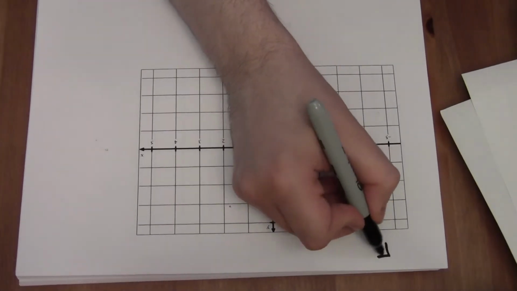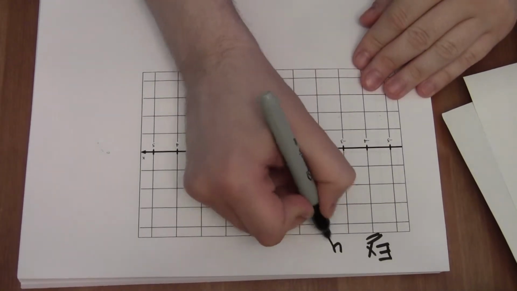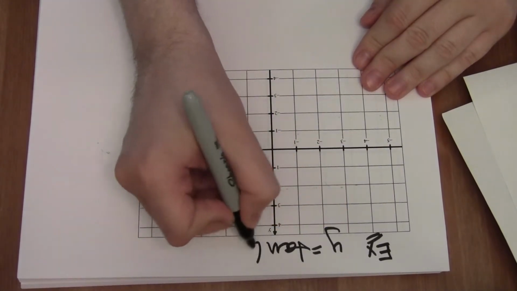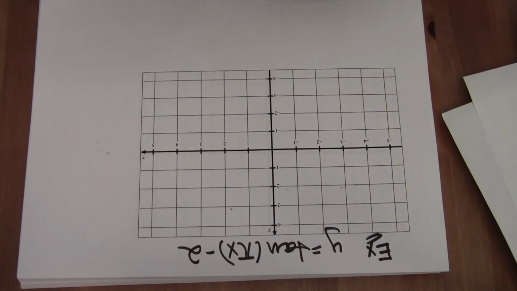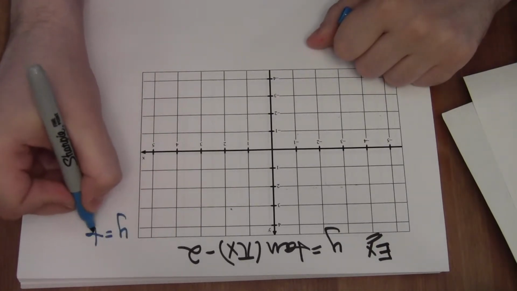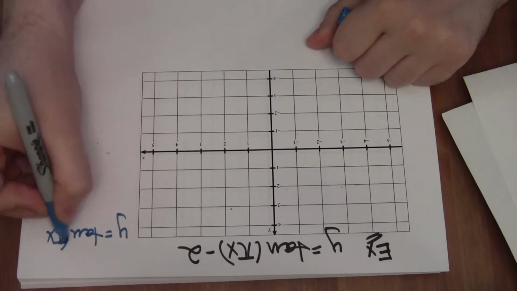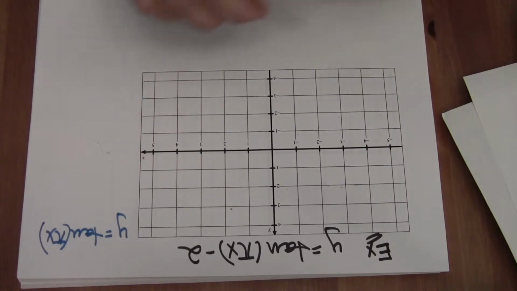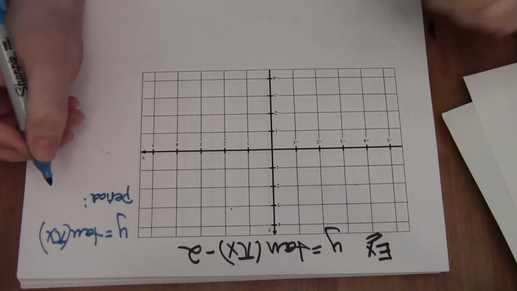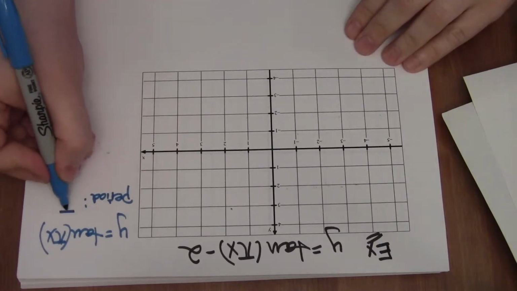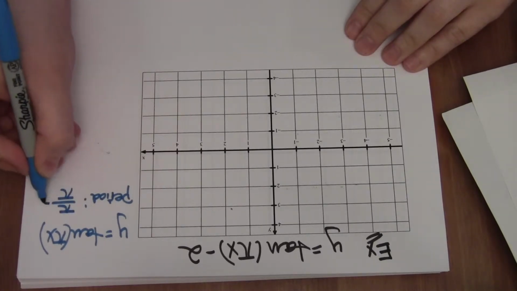Next, let's take a look at y equals the tangent of pi x minus 2. I'm going to start from just y equals the tangent of pi x. I don't have amplitude with tangent graphs, but I do have a period. The normal period of the tangent is pi, so the period here will be pi over pi.